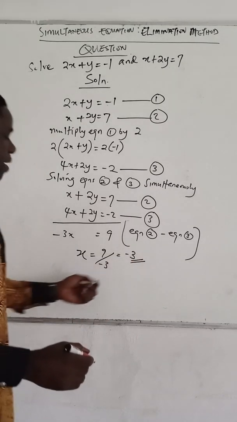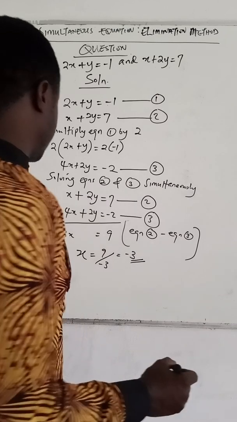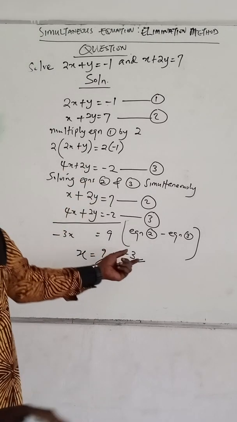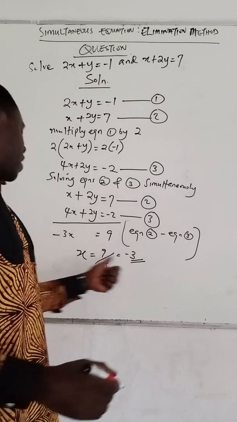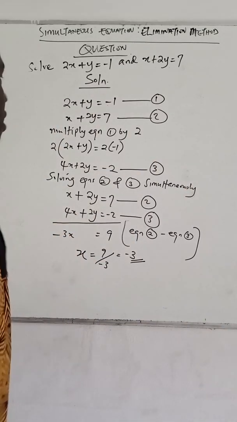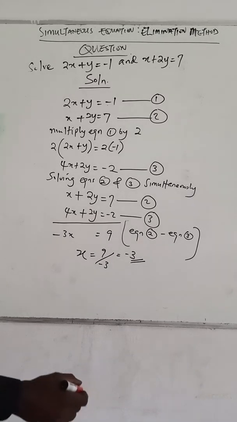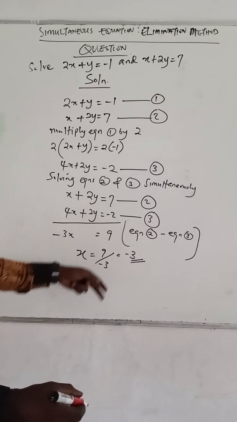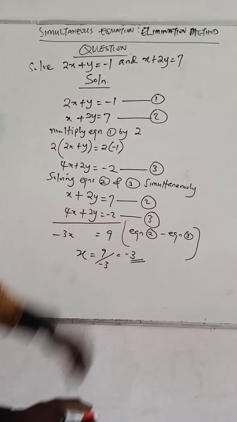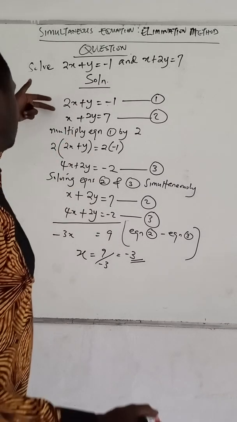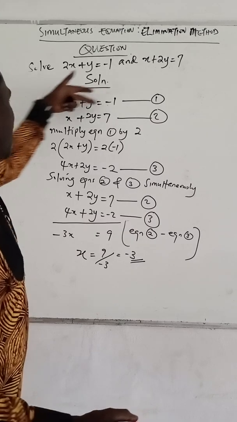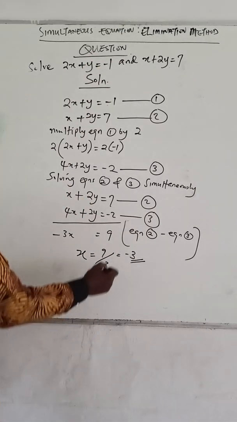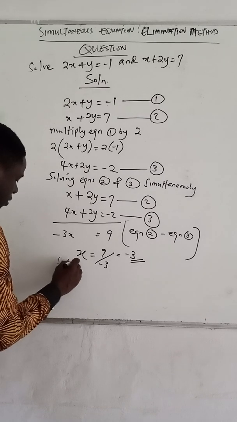If this is our answer, and we have to find the value of y, we can substitute this value of x into any of the equations. We can make this substitution into equation 1 because it has smaller values, so that it will not stress us much.